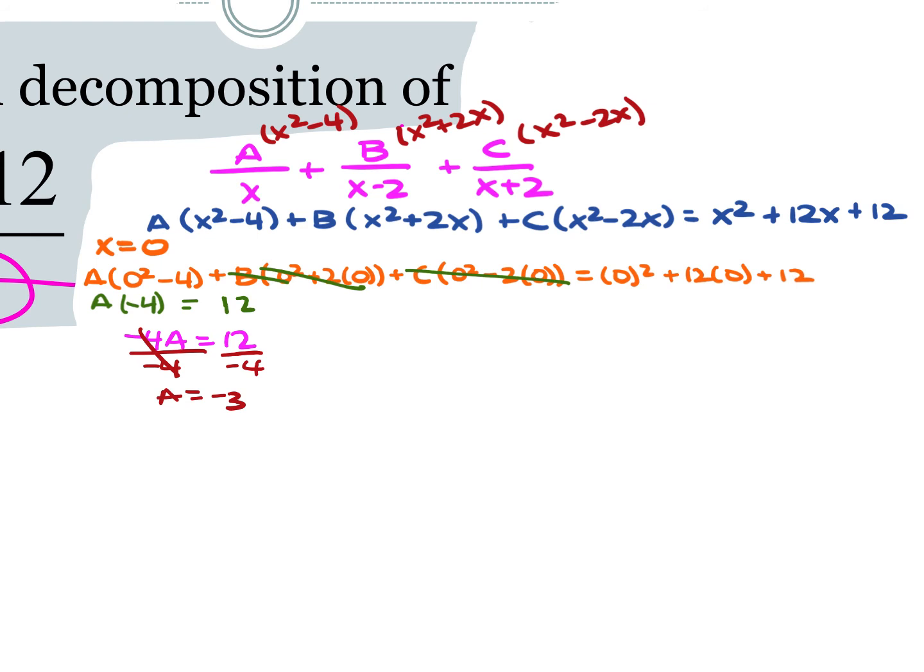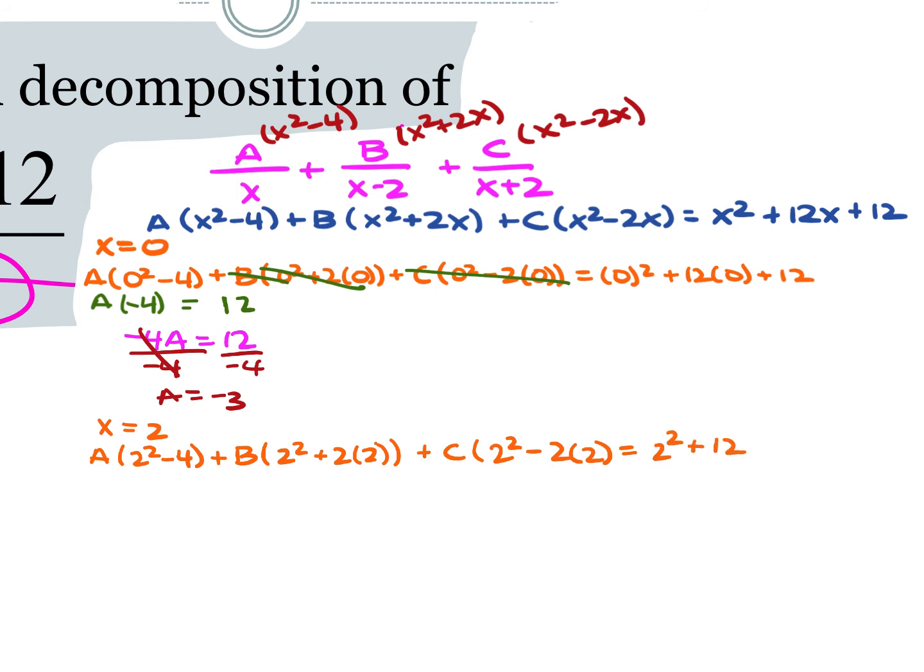Next, we're going to do this when x is equal to 2. So we're going to have a times 2 squared minus 4 plus b times 2 squared plus 2 times 2 plus c times 2 squared minus 2 times 2 is equal to 2 squared plus 12 times 2 plus 12.